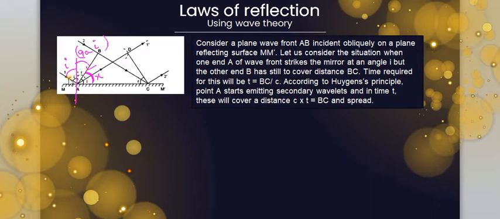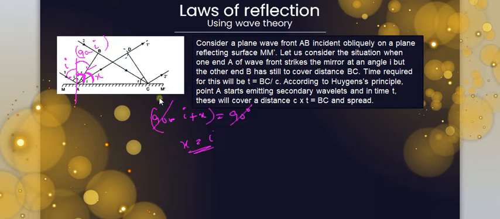So this complete angle will be 90 degrees, hence this small portion will be 90 minus I. Also, since the normal is at 90 degrees to the reflecting interface, 90 minus I plus x will be equal to 90 degrees. So 90 cancels with 90 and x comes out to be I.